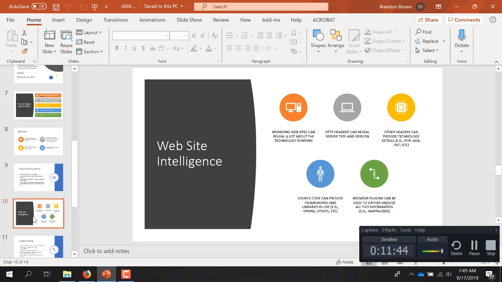All right, so website intelligence revolves around going in a little bit deeper, and as I said, tools using proxies such as Burp Suite or even OWASP ZAP can be used to gain this information, such as browsing websites where we can find hidden information in headers or footers.